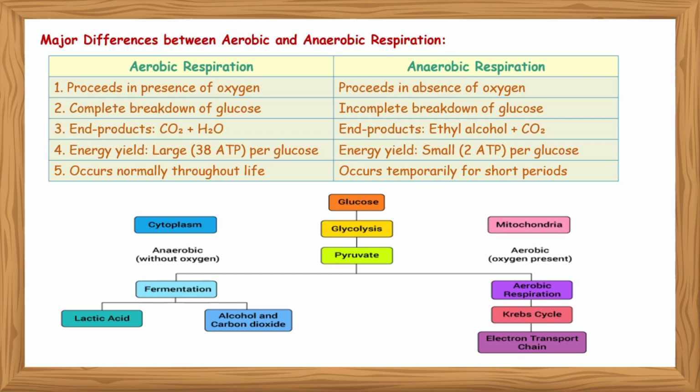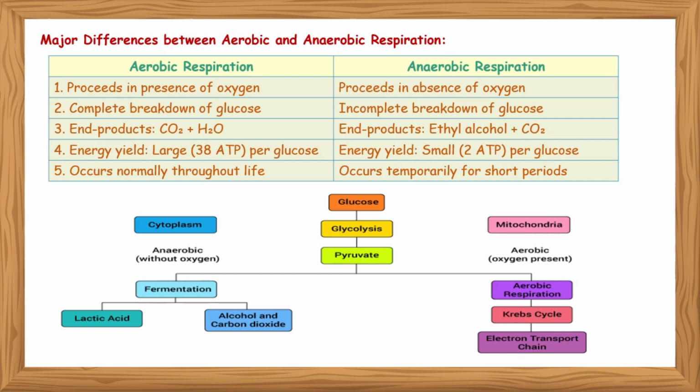The end products of aerobic respiration are carbon dioxide and water, but the end products of anaerobic respiration are ethyl alcohol and carbon dioxide. Energy yield from aerobic respiration is large, 38 ATP per glucose molecule, while in anaerobic respiration energy is small, that is 2 ATP per glucose molecule. Aerobic respiration occurs normally throughout life, and anaerobic respiration occurs temporarily for a short period.